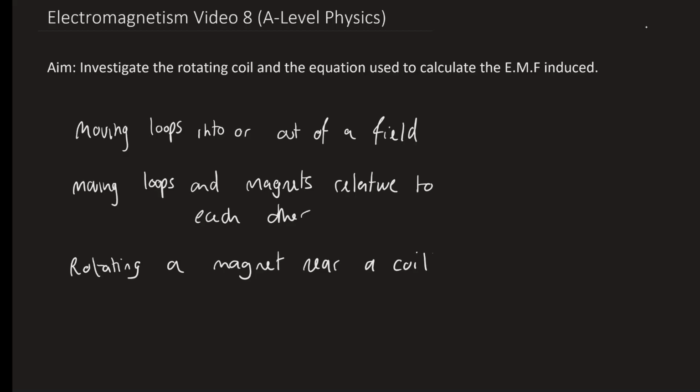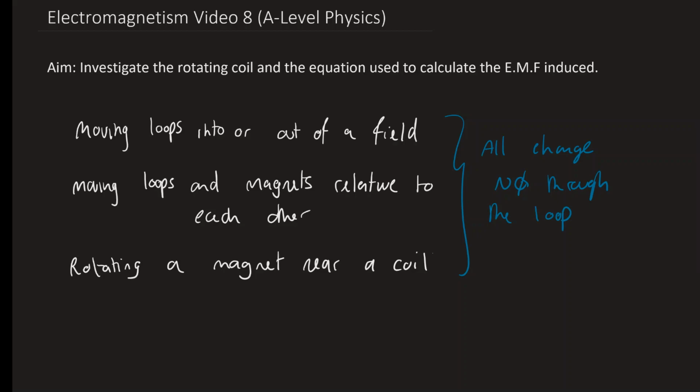What all of these have in common is that they change the flux linkage, NΦ, through the loop.